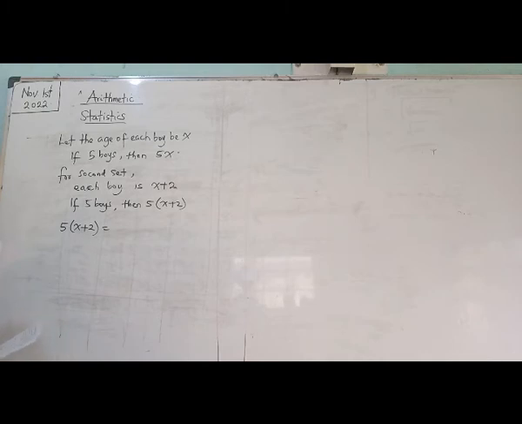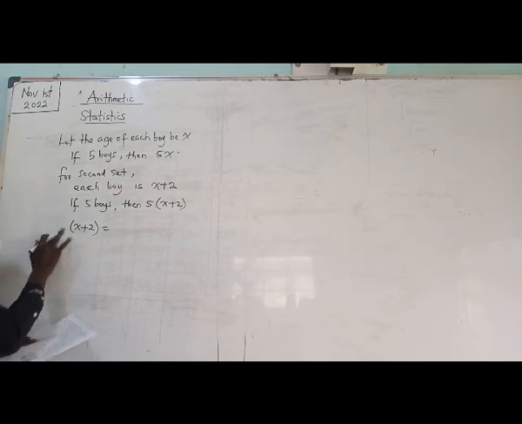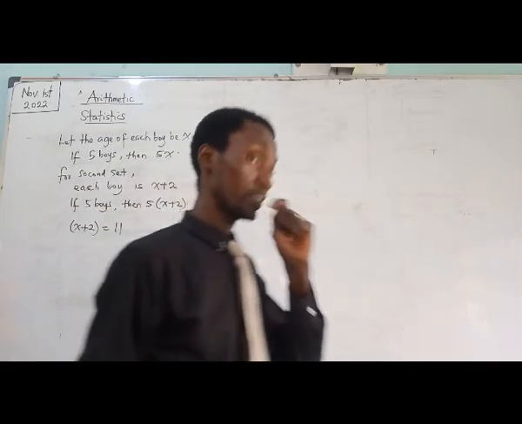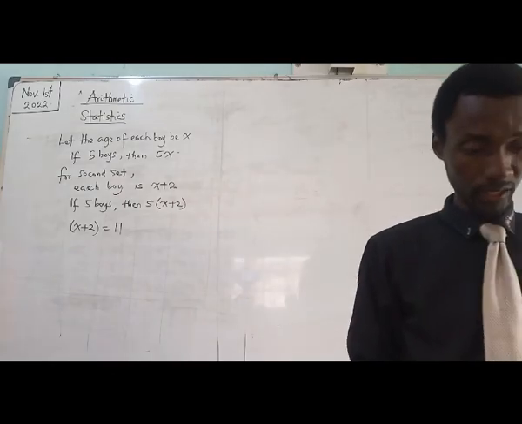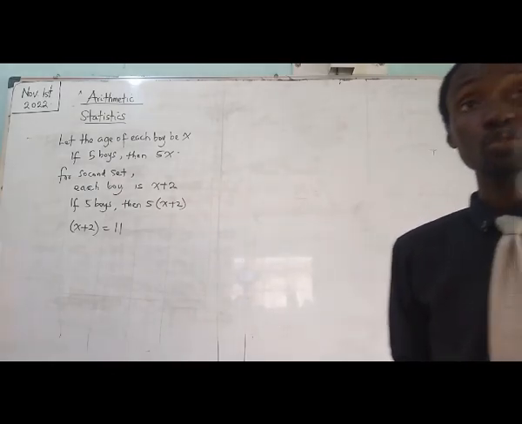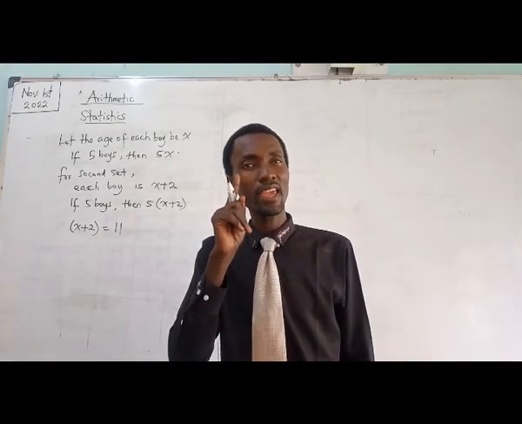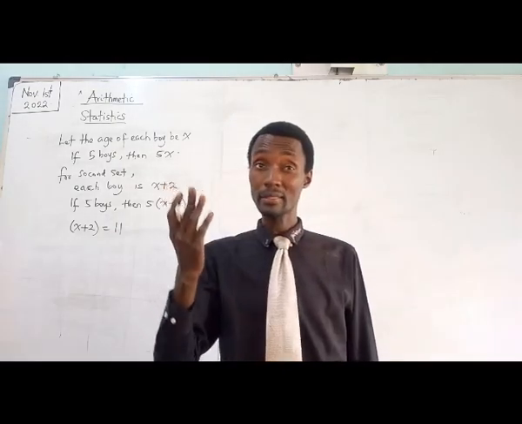The average age of the second set is 11, that means x plus 2 is equal to 11. Is that not? If the average age of the second set is 11, it will mean that that is the age of one boy. Am I right?